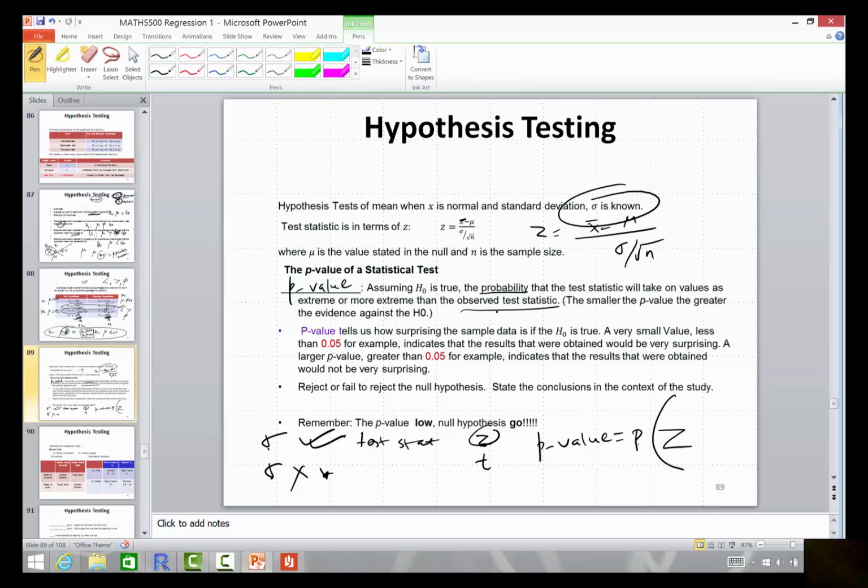From the data you will calculate this observed test statistic, denoted G calculated.